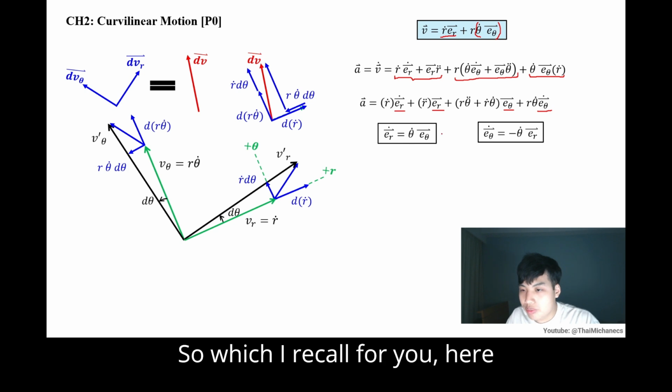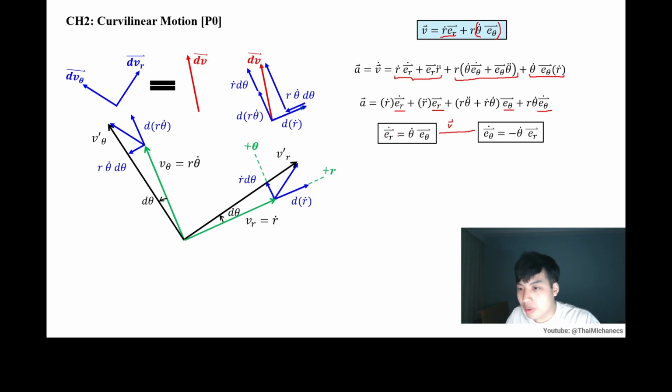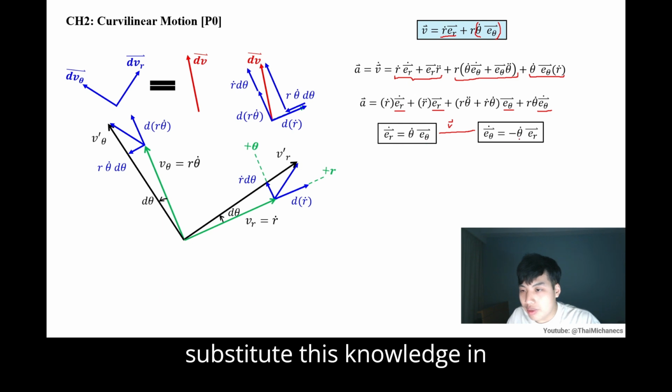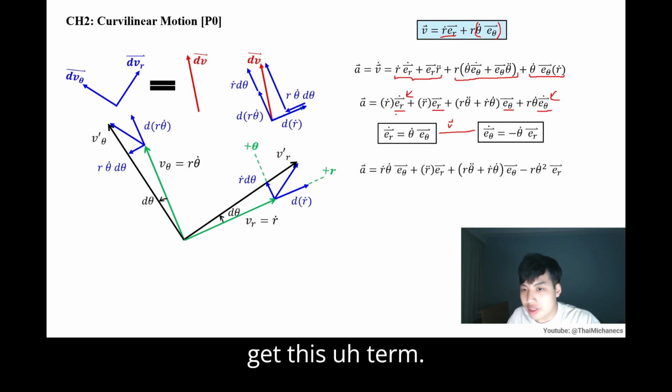Let me recall for you what we found when we derived the velocity vector v. Then we substitute this knowledge in here and here, and we will get this term.